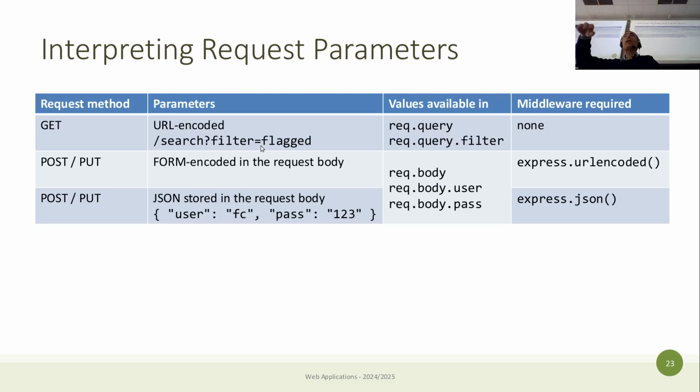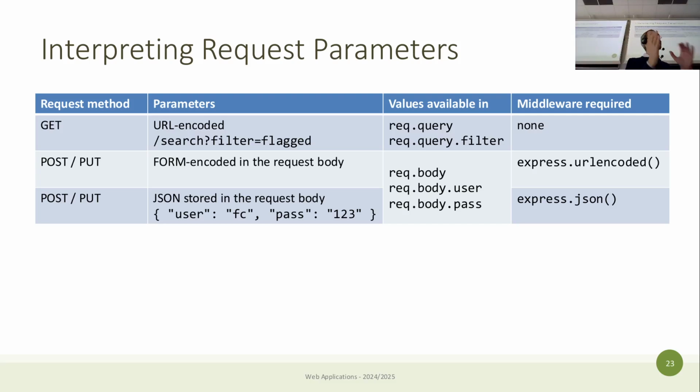There can be a variable number of them, so you're not constrained by having a fixed URL. It can be a variable URL where you add key value pairs depending on your need.